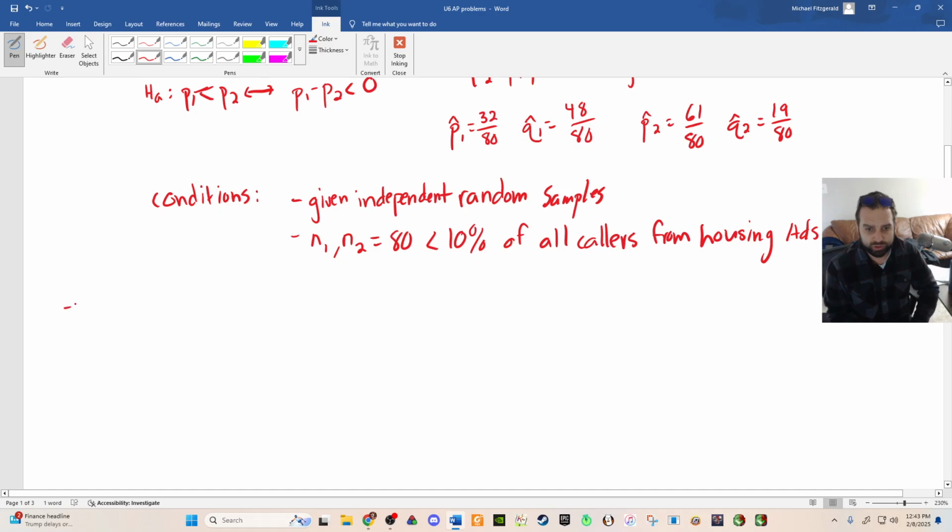So what I need to do: n1 times p hat 1. Let's put my n1 here, my sample size of 80. Same with my n2. 80 times 32 over 80, which gets 32.